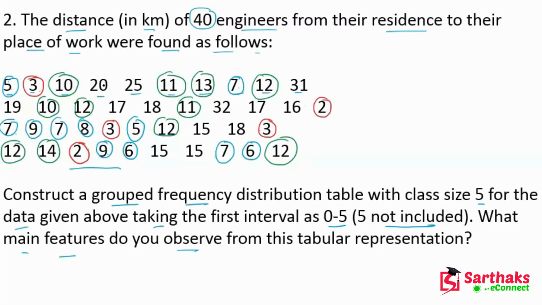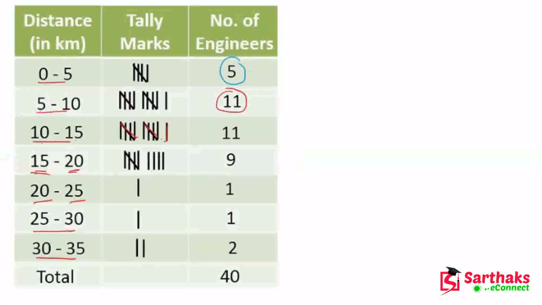This is 19, and then 1, 2, 3, 4, 5, 6, 7, 8, 9. So there are a total of 9 engineers having the distance between 15 to 20.